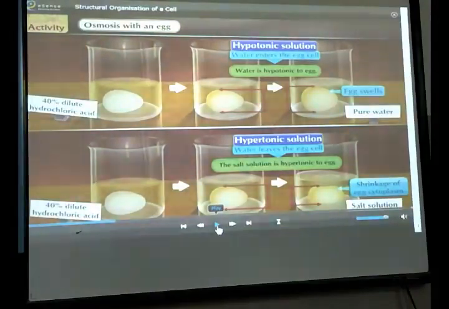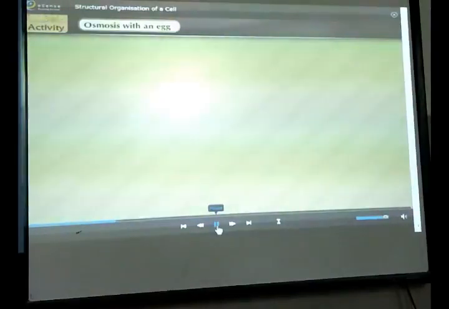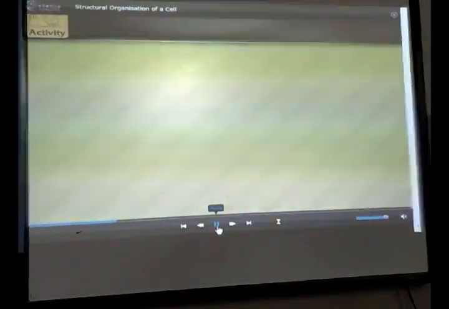So in pure water, the egg swells, and in salt water, you may say salt solution, it is going to shrink. In this way, we can understand this. Let us perform another activity.